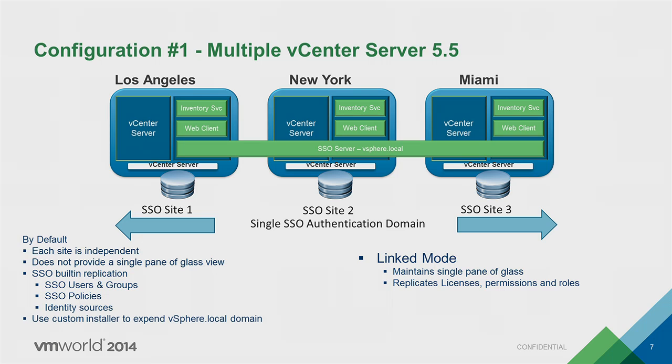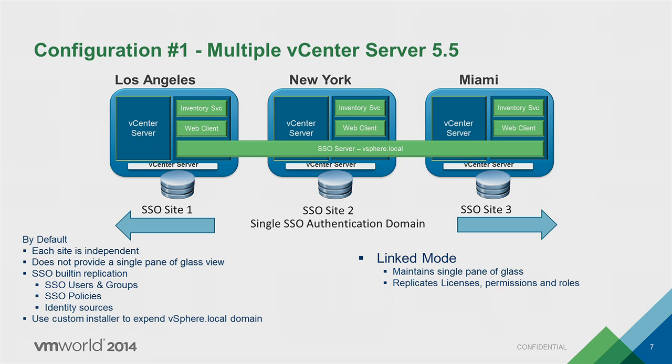If I have multiple vCenter servers, keeping SSO embedded to the vCenter server and all the components on a single virtual machine is still our number 1 recommendation. If you extend the security domain, you get a single point of administration on the SSO side. If you make a change to the administrator at vsphere.local or the group membership for access to SSO, that gets replicated automatically to every other instance that's in that extended domain.